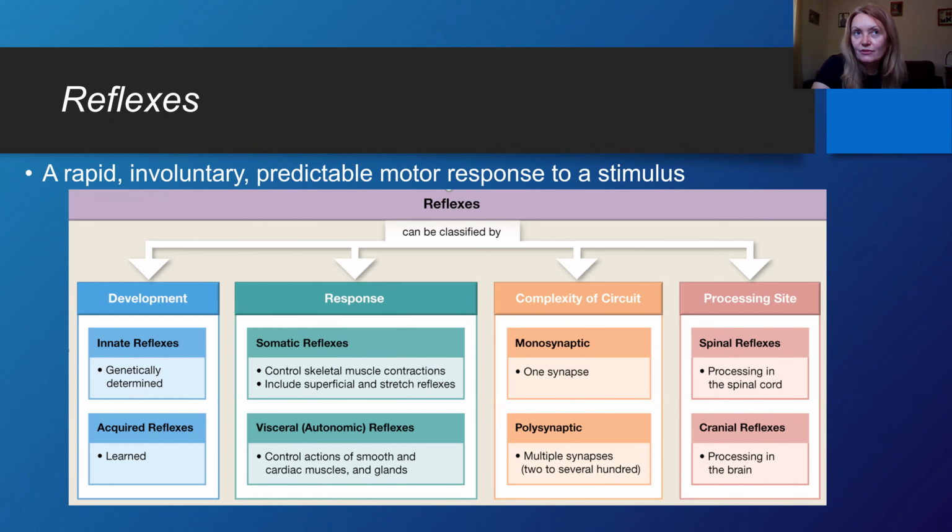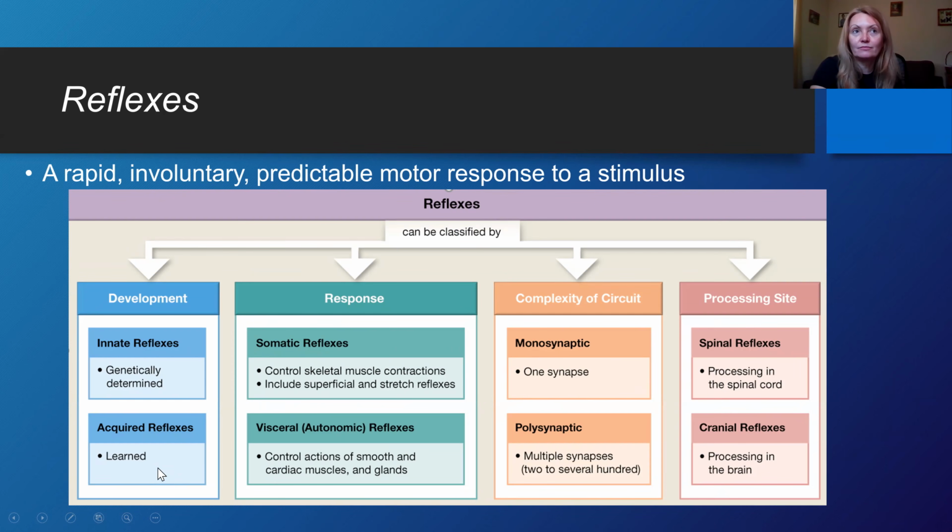Then there are acquired reflexes. One of them is, for example, driving. Very often you drive by reflexes because it's so learned and such a repeated task that it doesn't require your constant attention and constant conscious processing.